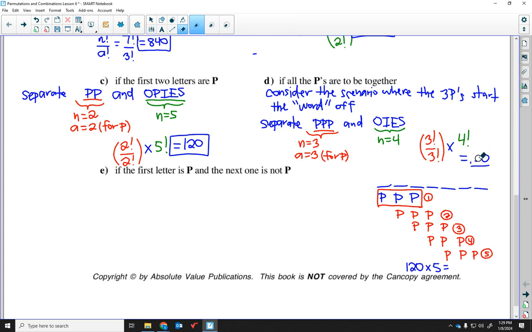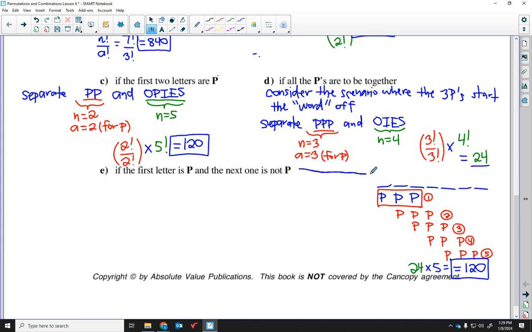I was looking at what the final answer would be. Okay, 4 factorial, that's actually equal to 4 times 3 is 12, times 2 is 24. So this would be 24, and then we're taking 24, we're multiplying it by 5, and that gives me 120. Good that I caught that mistake before it was too late. So that's 120.